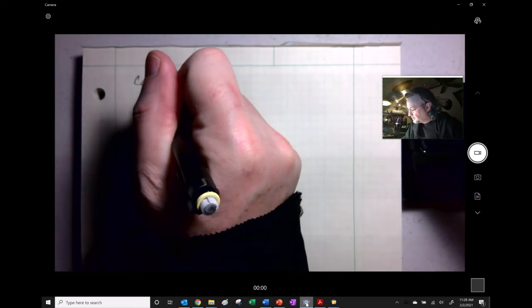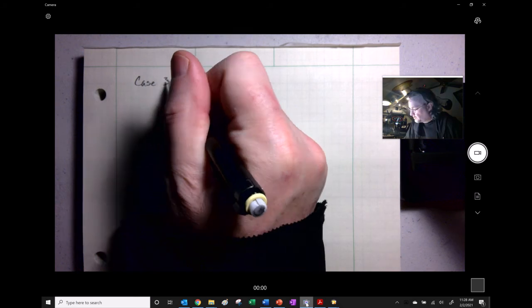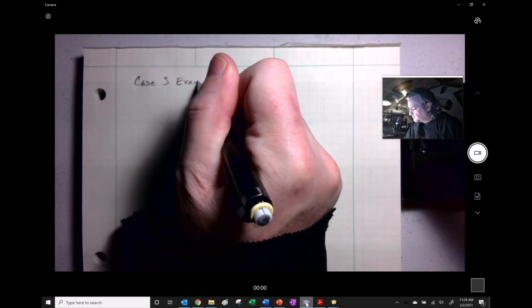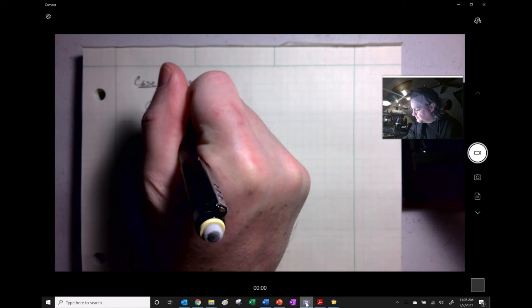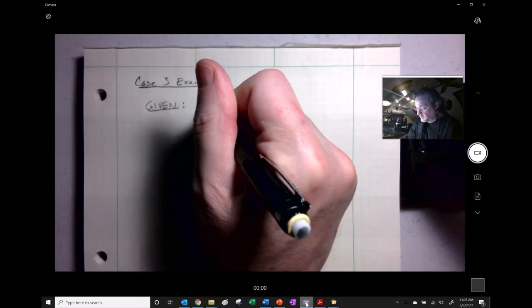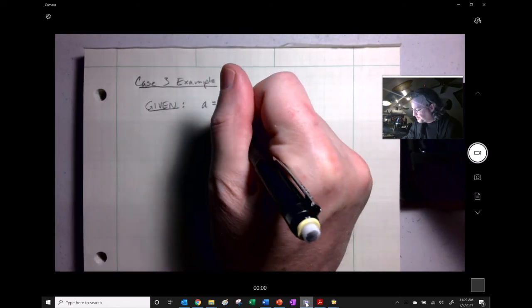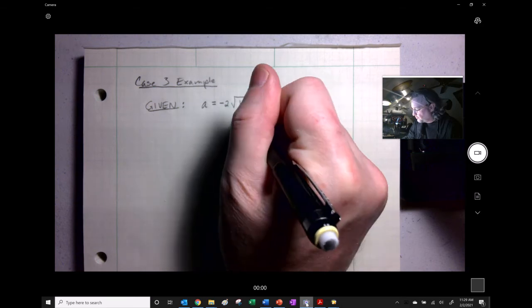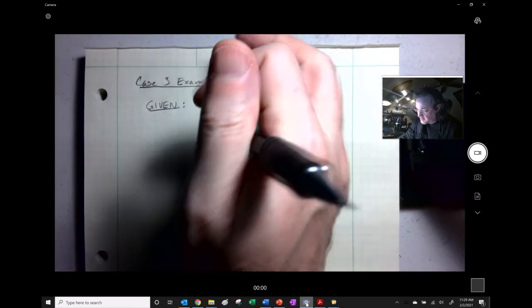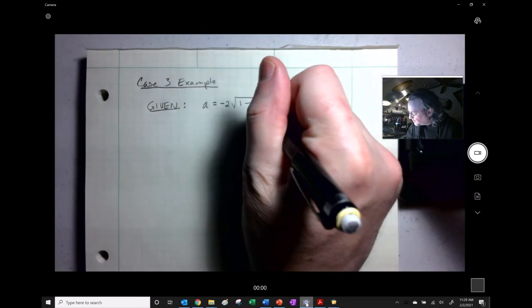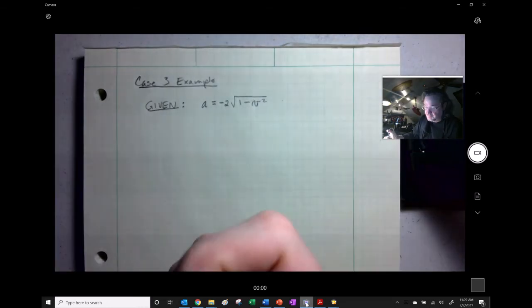This is case 3 example. And so we're given that the acceleration is -2 square root of 1 minus, and I almost drew that like a mu. It looks like a mu in there. It should be a v, so v squared. There you go.